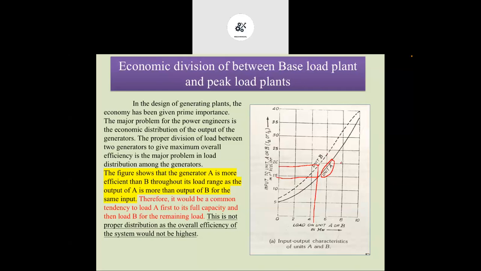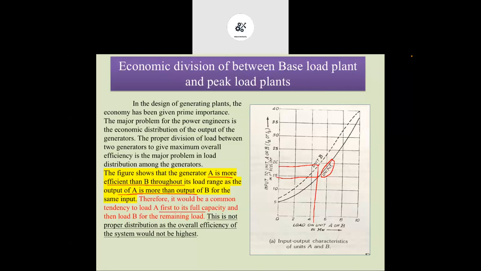You can see easily from this that at one particular load, the input required for unit B is higher than for unit A. So for generator A, the input requirement is less than for generator B. It means generator A is more efficient than unit B. In that case, most of the load has to be given to unit A rather than unit B. So it indicates that A is more efficient than B throughout its load range, as the output of A is more than the output of B for the same input.